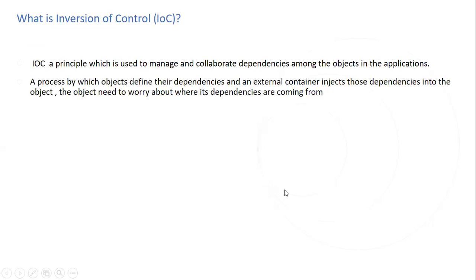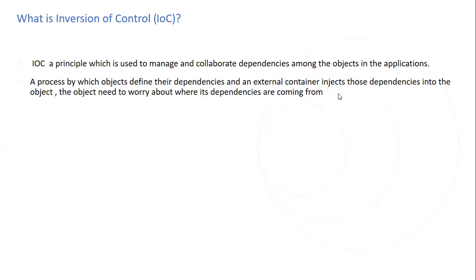This is an IOC container. So what is IOC? IOC is a principle, which we can say manages and collaborates dependencies among the objects in the application. It is a process by which objects define their dependencies and an external container injects those dependencies into the object.